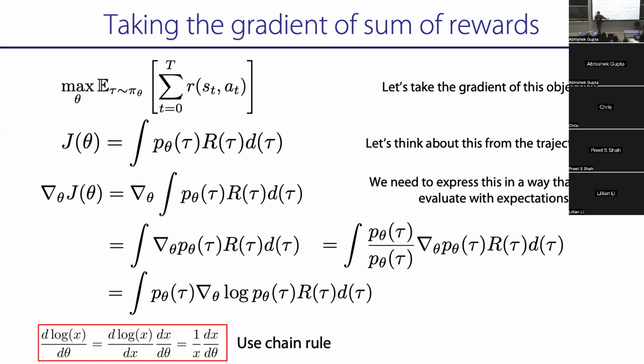Let's just rederive this real quick: grad theta log p theta tau is equal to 1 over p theta tau times grad theta p theta tau.